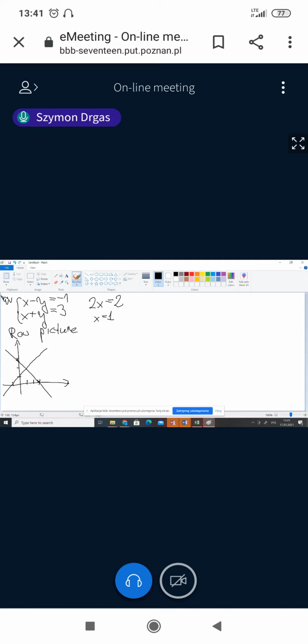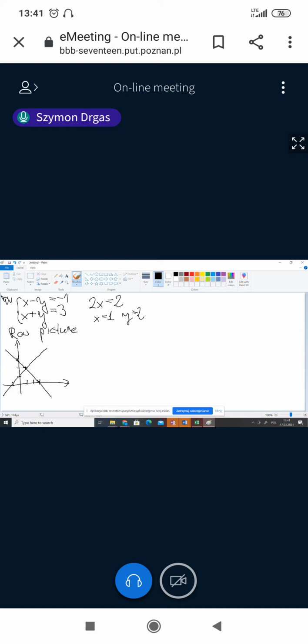If you substitute 1 into the second equation, then you will find out that y should be 2. So yes, this point of intersection of these two lines is the solution of the system of equations.